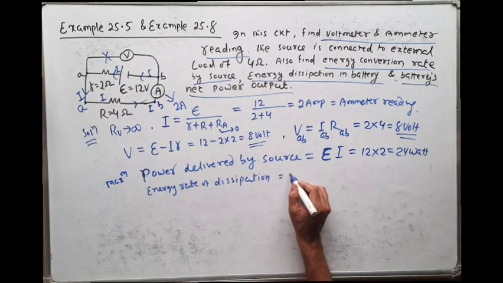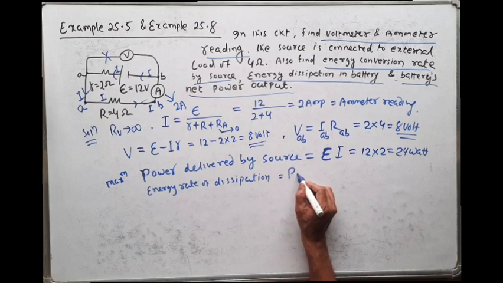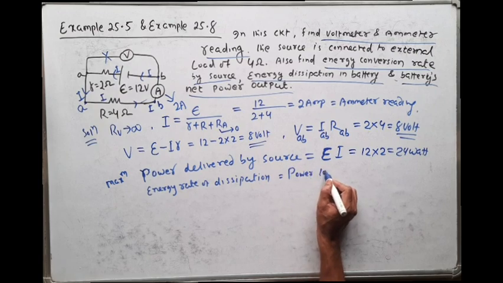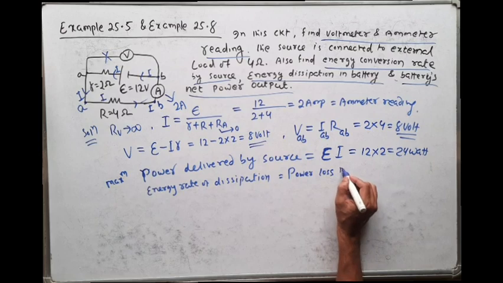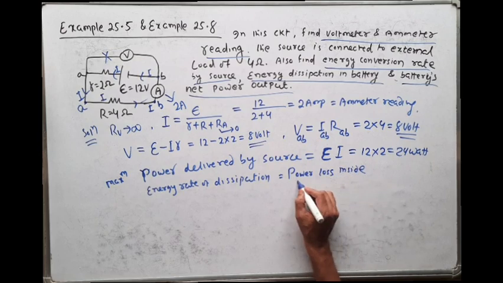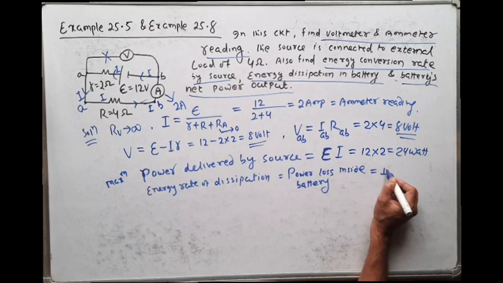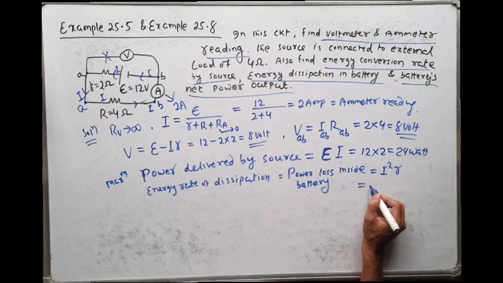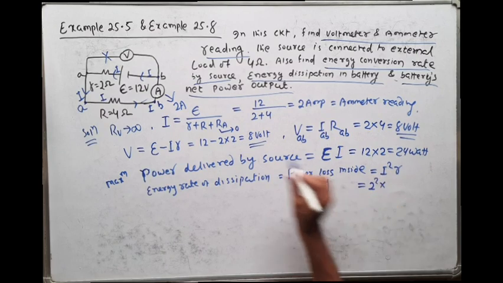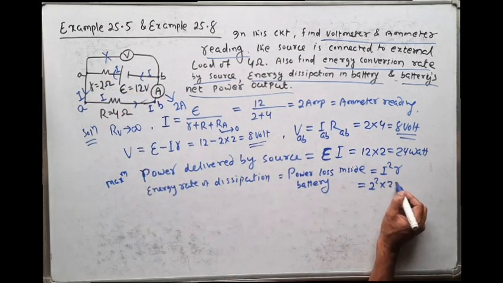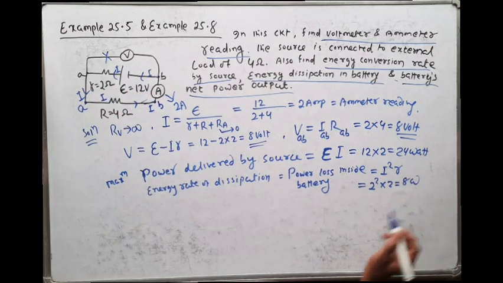So that is the power loss inside the battery. Power loss inside the battery due to internal resistance is nothing but I square R. What is I? It is 2 square. What is R? It is 2. That is equal to 8 watt.